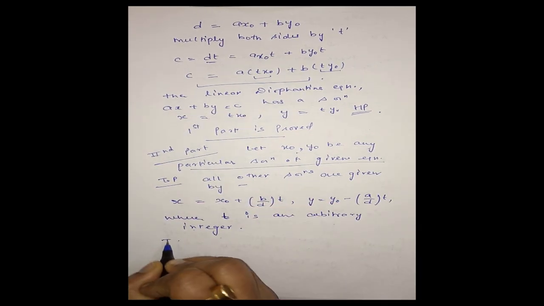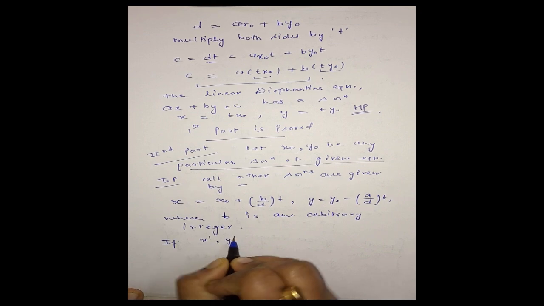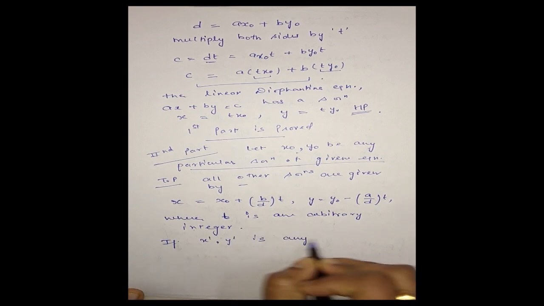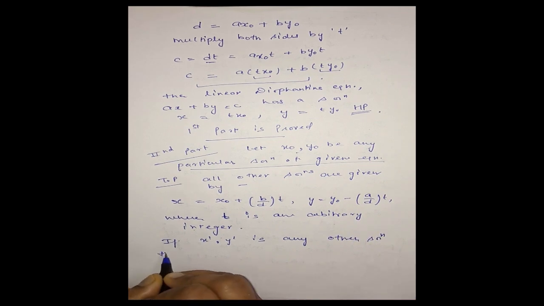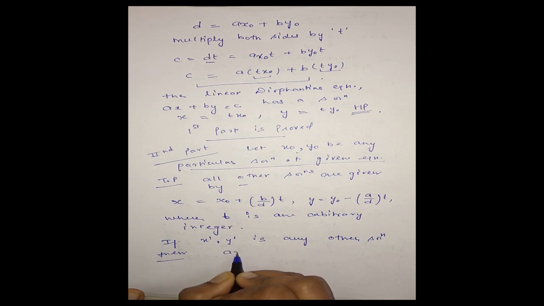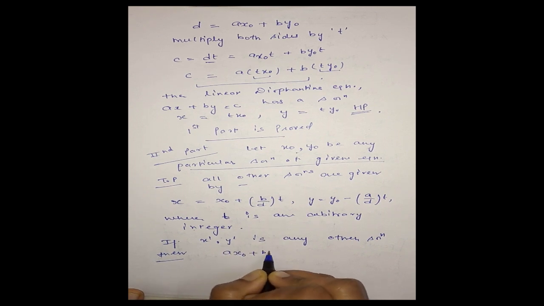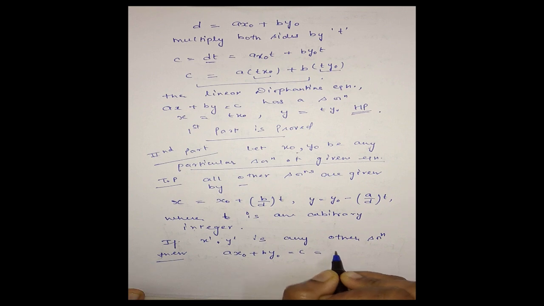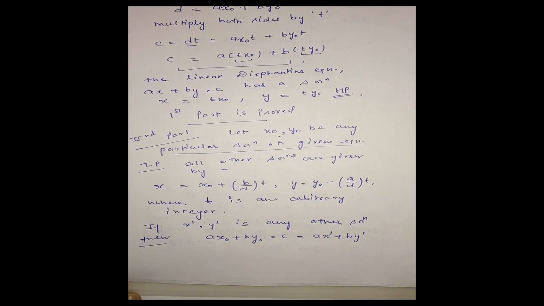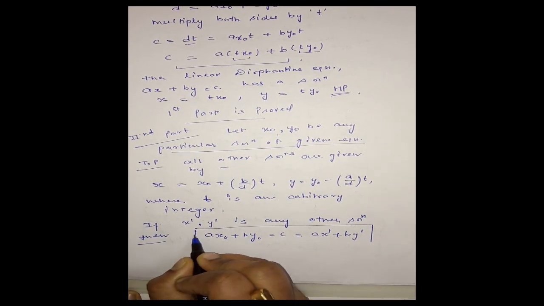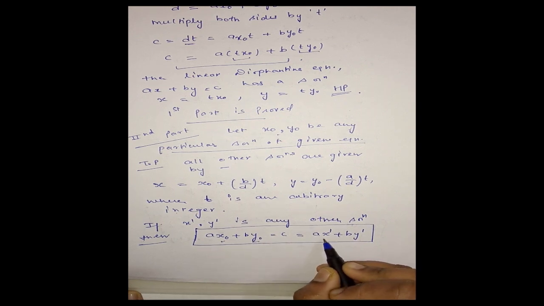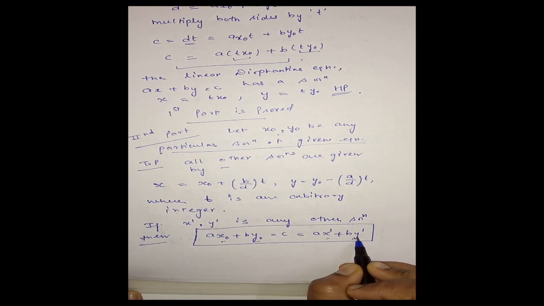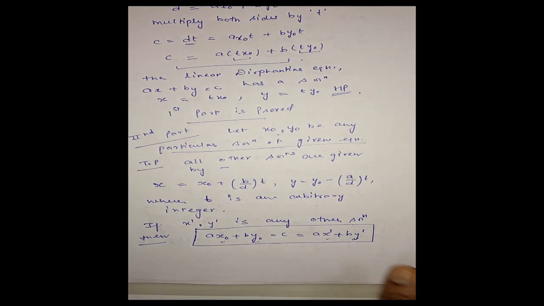Now let us assume x dash y dash is any other solution, then we have ax naught plus by naught is equal to c is equal to ax dash plus by dash. Okay, we have this, since x naught and y naught is a solution, and we have assumed x dash and y dash is again a solution. That means we have this equation.